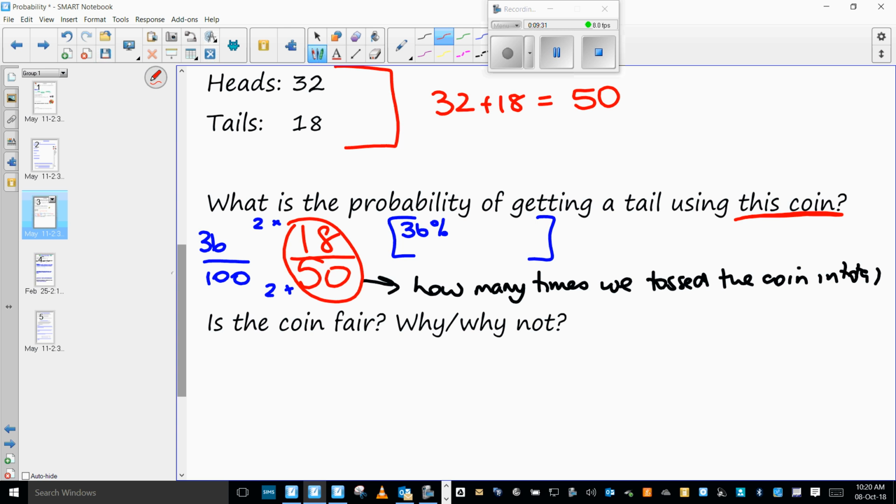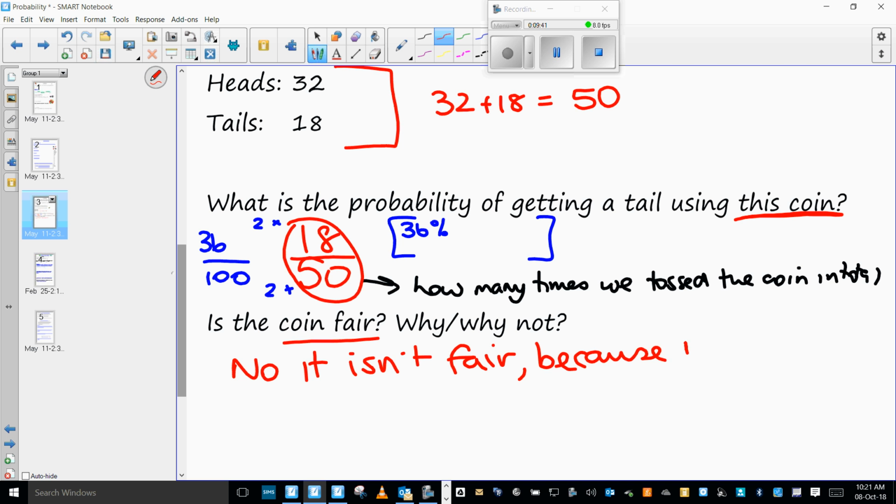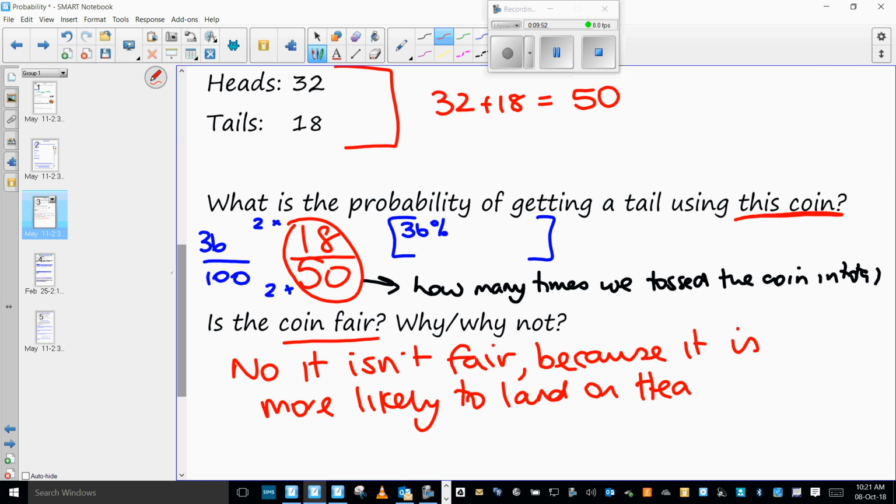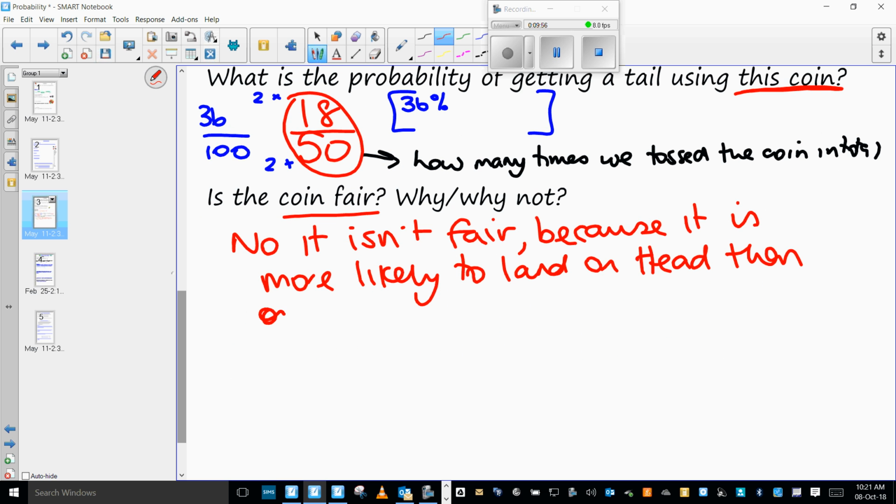So going back to the question, is the coin fair? No, it isn't. Because it is more likely to land on heads than on tails.